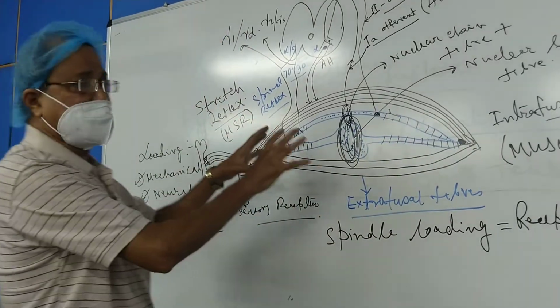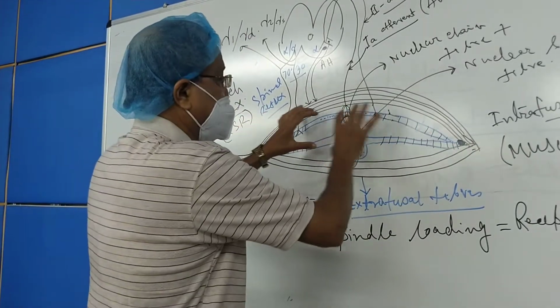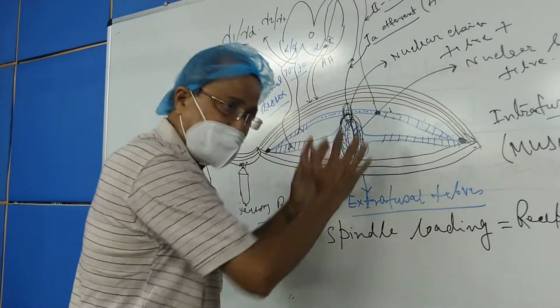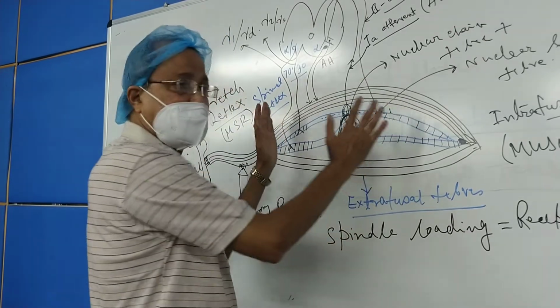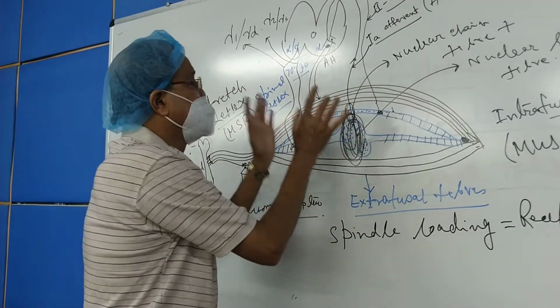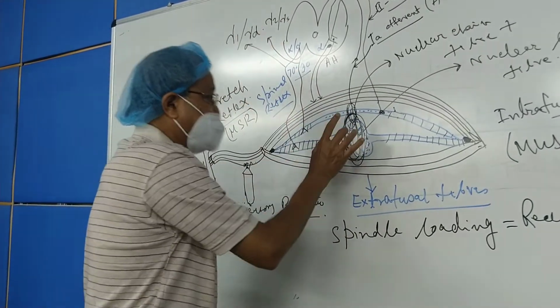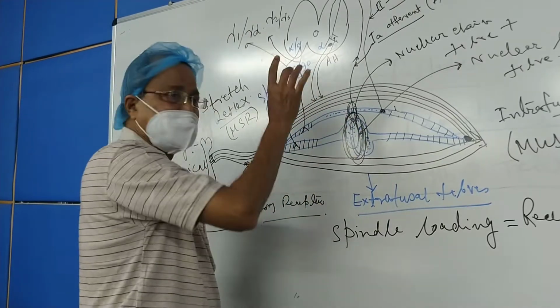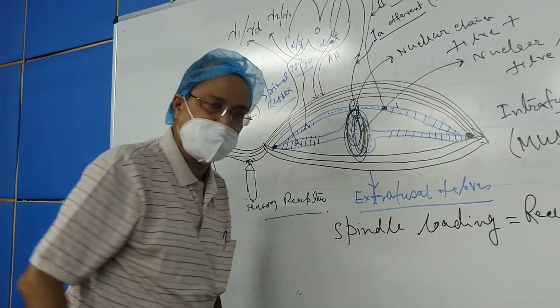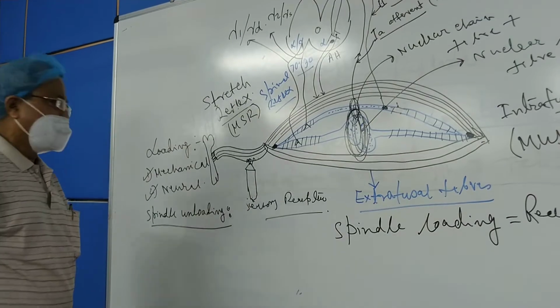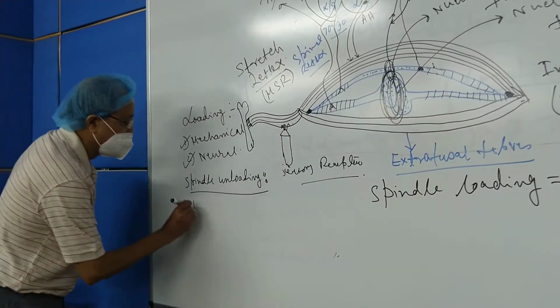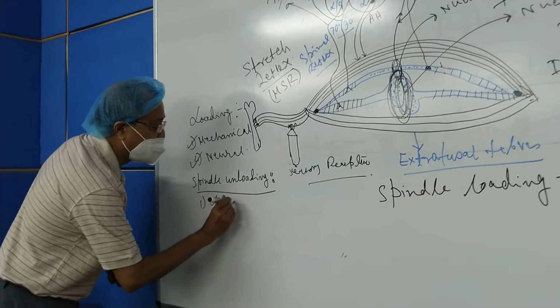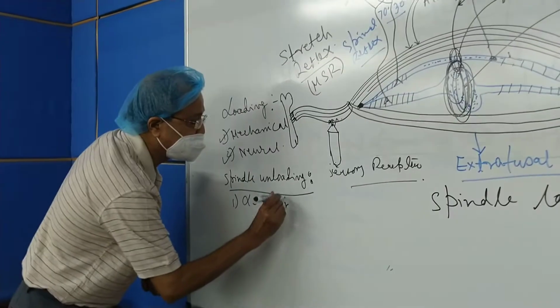As the extrafusal muscle fibers are attached peripherally with the intrafusal muscle fibers of the muscle spindle, there will be shortening of the intrafusal muscle fibers too, and there will be release of the stretching which was present at the central equatorial region of the muscle spindle. So unloading is due to alpha motor discharge.